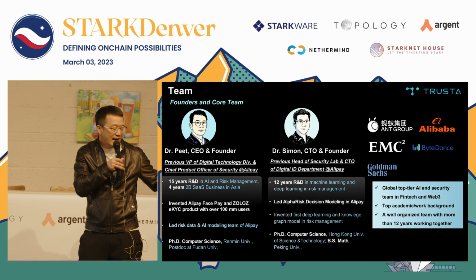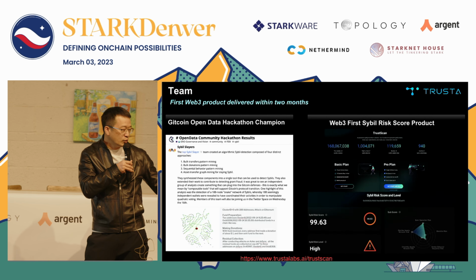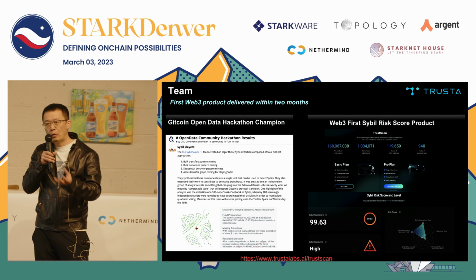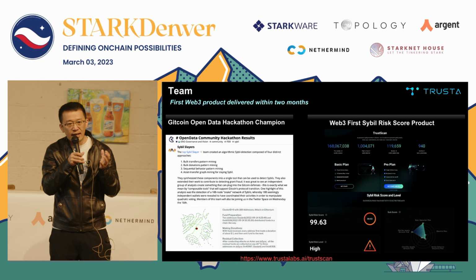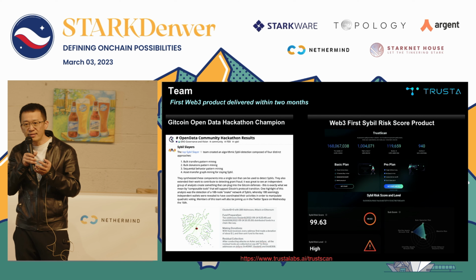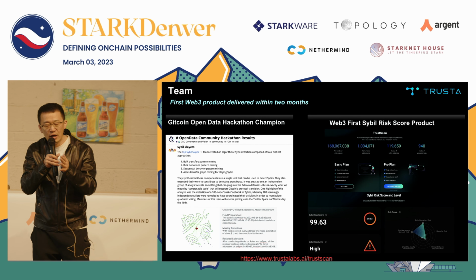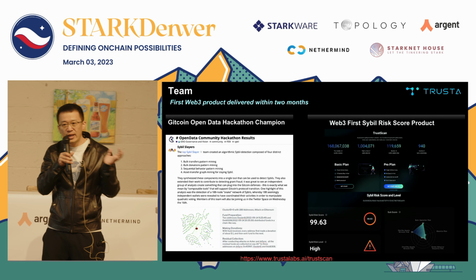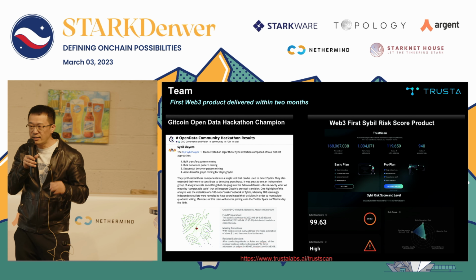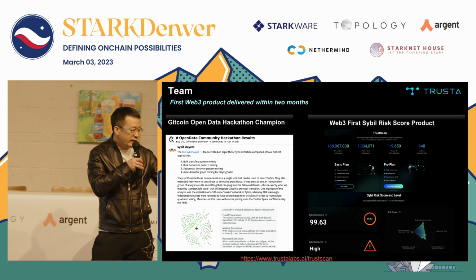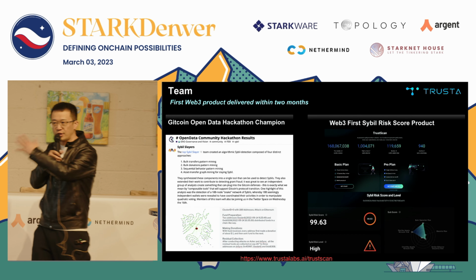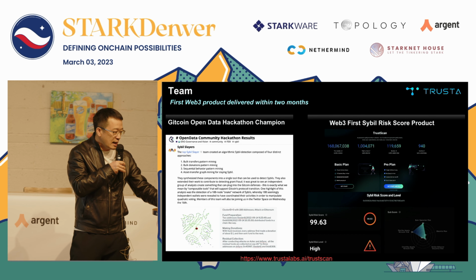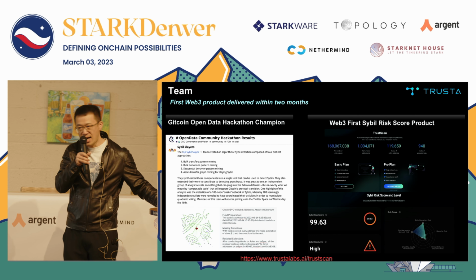So we want to apply this technology to the Web3 world. We actually started last October, and within only several months, we launched the first product, not for account theft, but for Sybil attack detection. We also won the hackathon championship and launched the first industry Sybil risk score product.